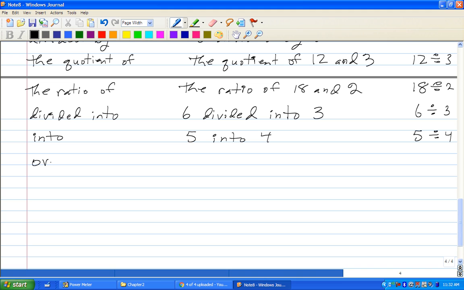Over: 3 over 8. Okay. So these are some common words and phrases that mean multiplication, division, subtraction.